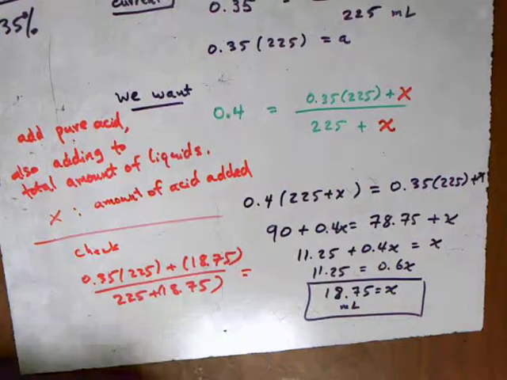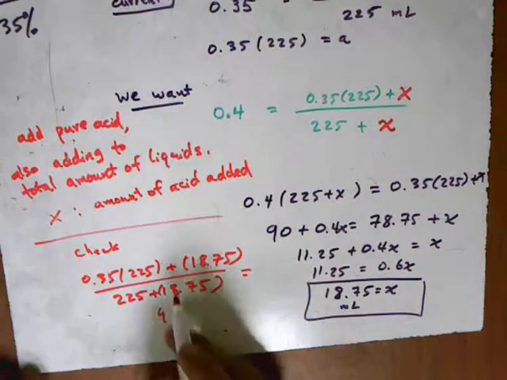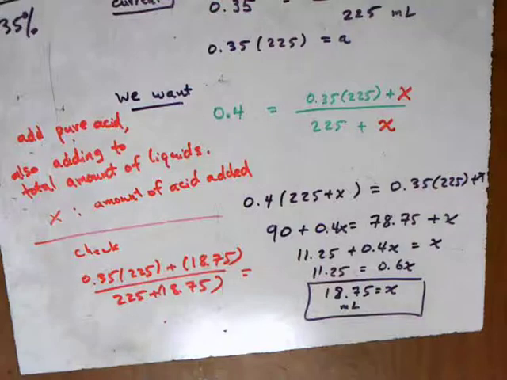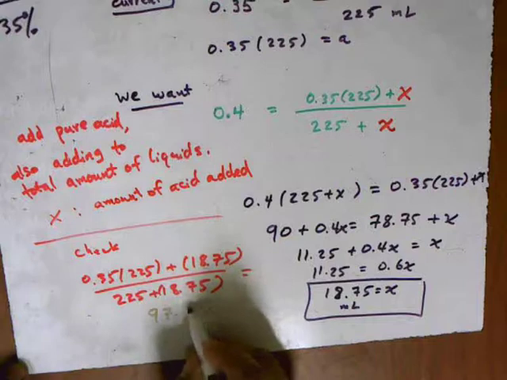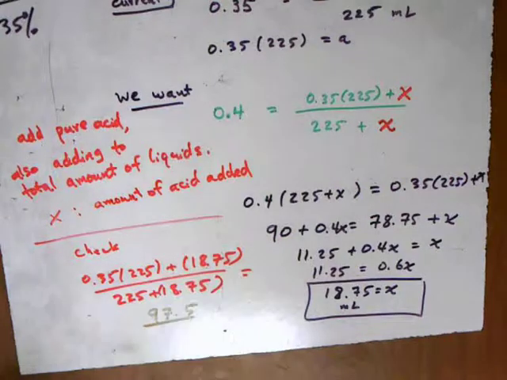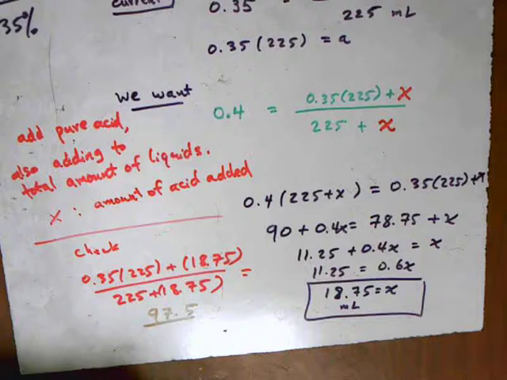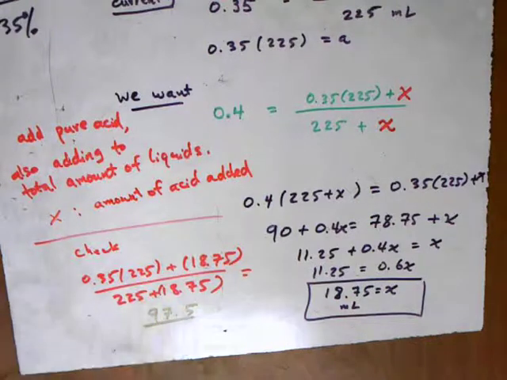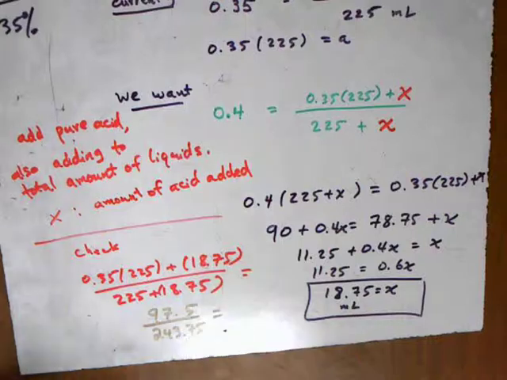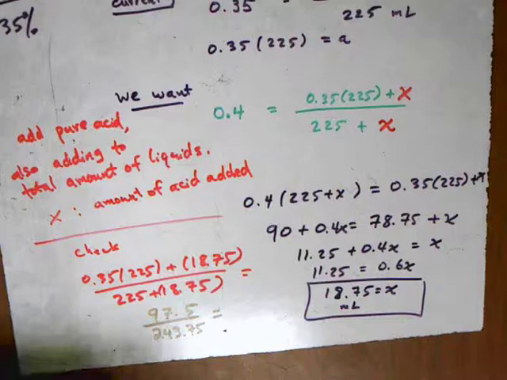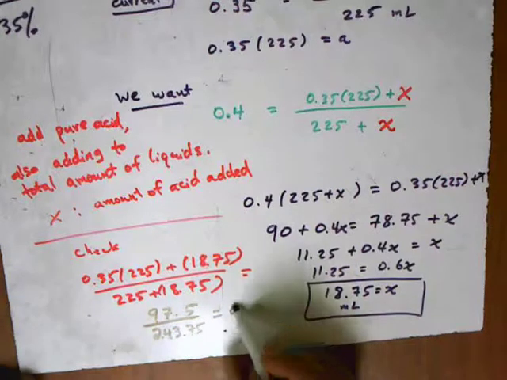Well, let's check. 0.35 times 225 plus 18.75 is 97.5. And then on the bottom, you have 225 plus 18.75, which gives me 243.75. Let's divide those two. And that does in fact equal 0.4.